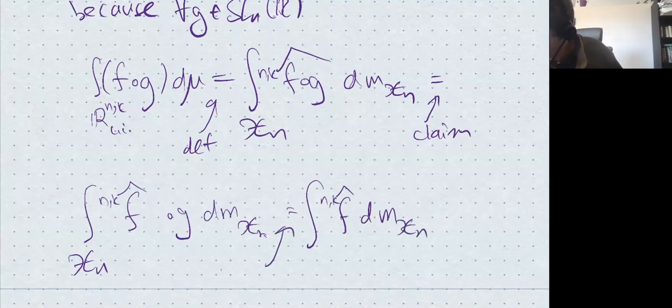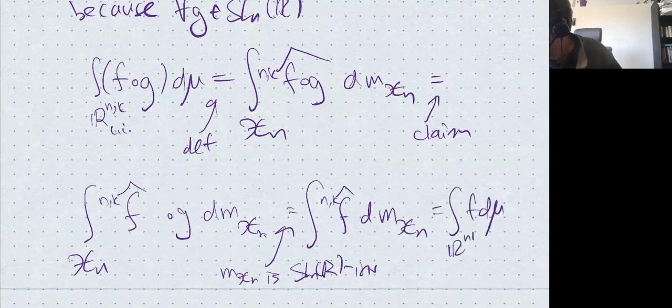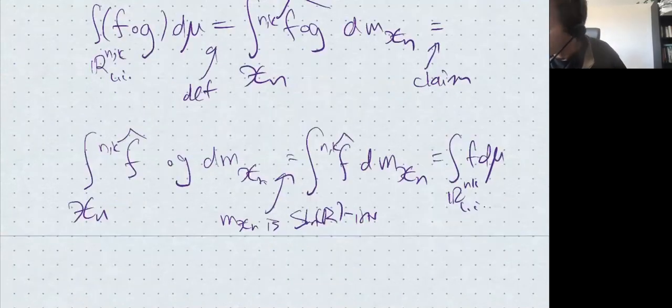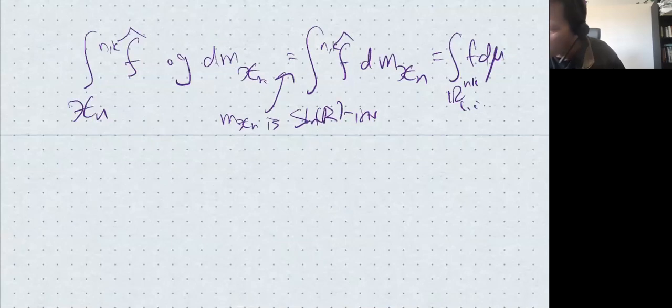This is because MKN is SLNR invariant, which is the integral of V. So I've proved to you that mu is SLNR invariant. So by uniqueness, it's actually equal to the volume measure up to a constant.